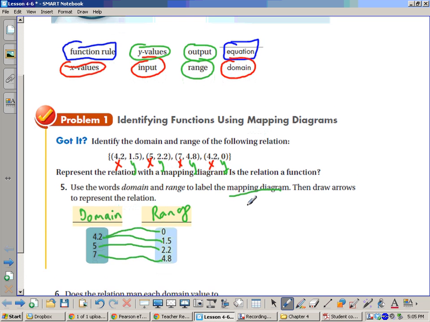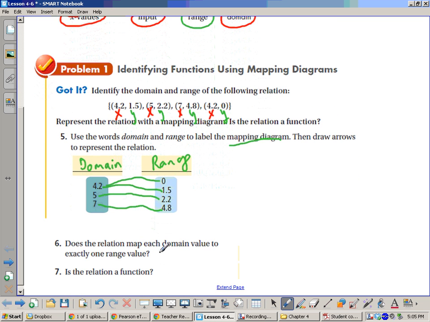And what we have to do is identify, does this relation map each domain value to exactly one range value? And the answer to that is no. If we see here, 4.2 actually goes to 2 y values. So this does not map each x value to one y value. It maps it to 2 in this case. So for this relation, it is not a function.